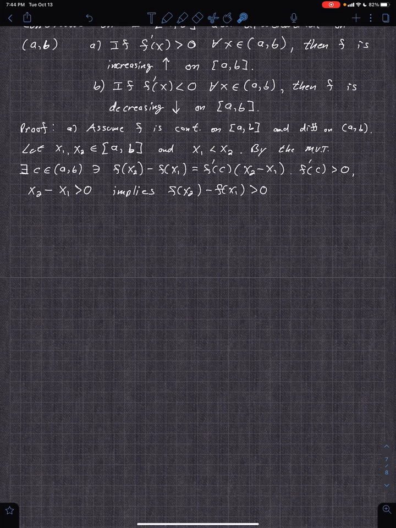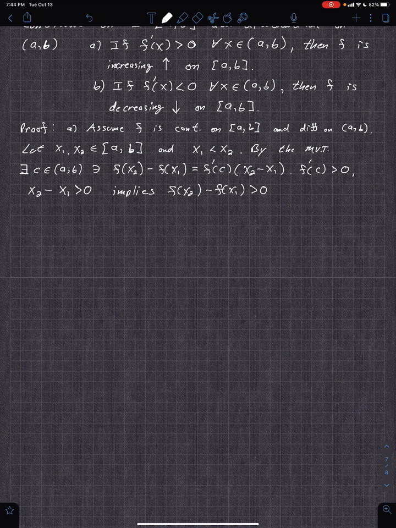Because of the equality, they're equal, so this has to be greater than 0.